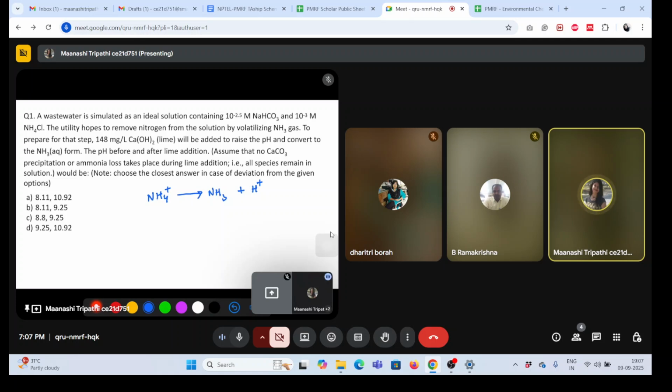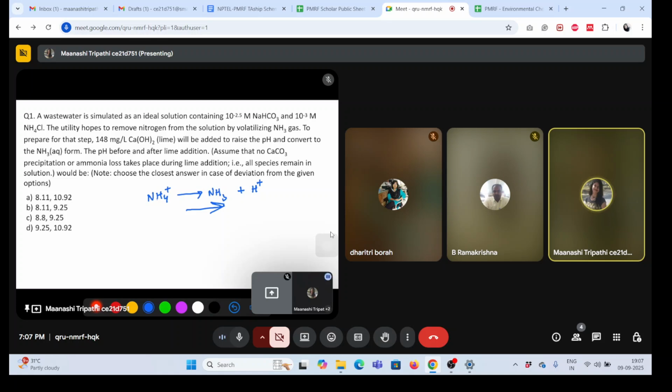The ammonium ion, that is our ammonium chloride, when dissolved in water, may dissociate into ammonia gas and H plus. We want the equilibrium to go in the forward direction so we can get more and more ammonia gas.